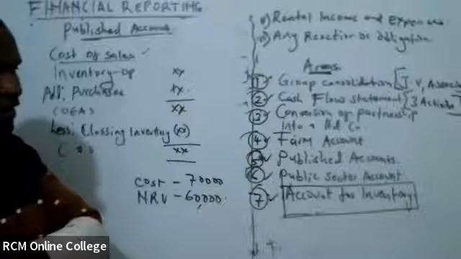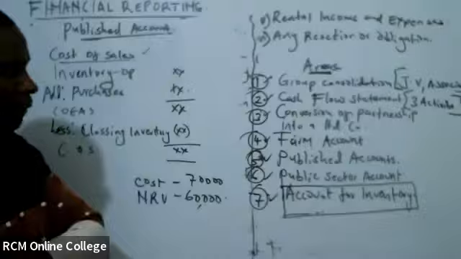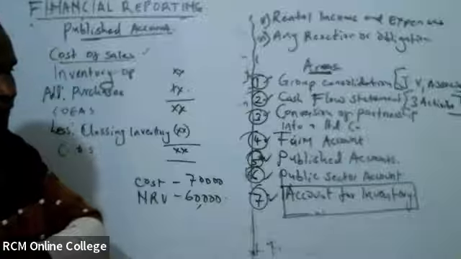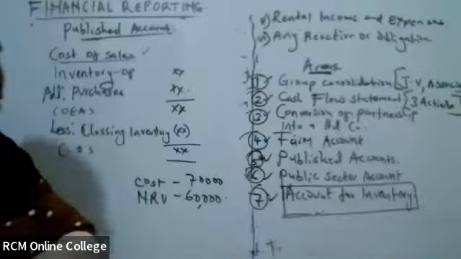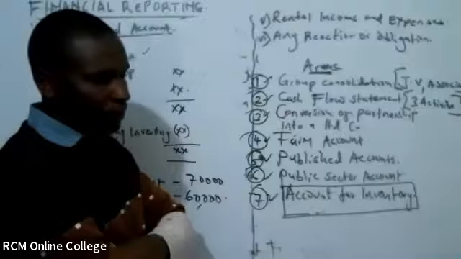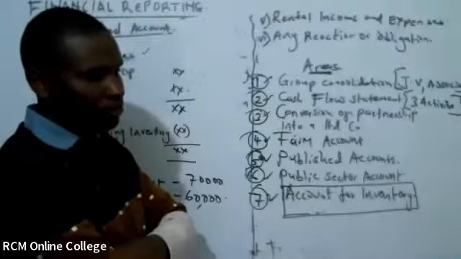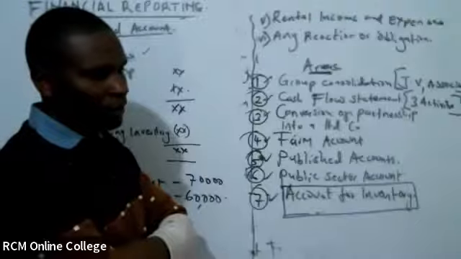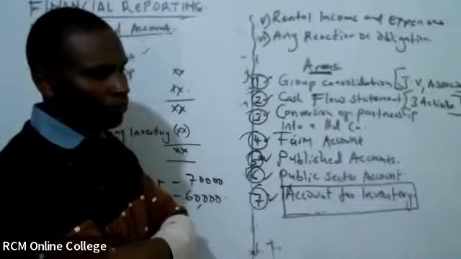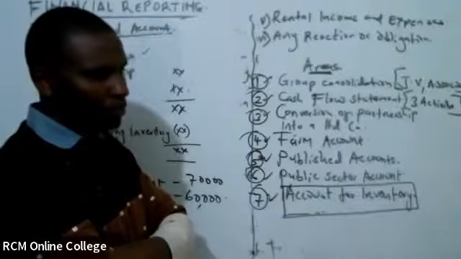We want to do questions, either two, or for the sake of time we can do one published account. So I see cash flow, published.